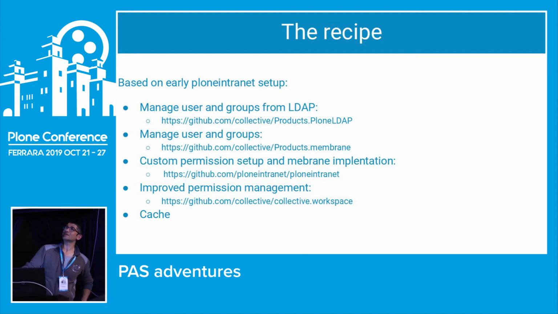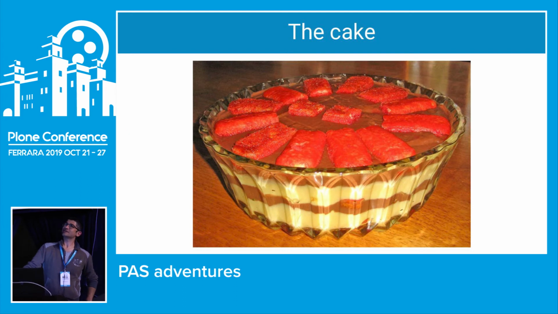Plus, we need the icing on the cake, which is cache. Cache is really important because permissions are checked quite often in Plone, and if to do that you need to query external services, like for example LDAP, this is mandatory.